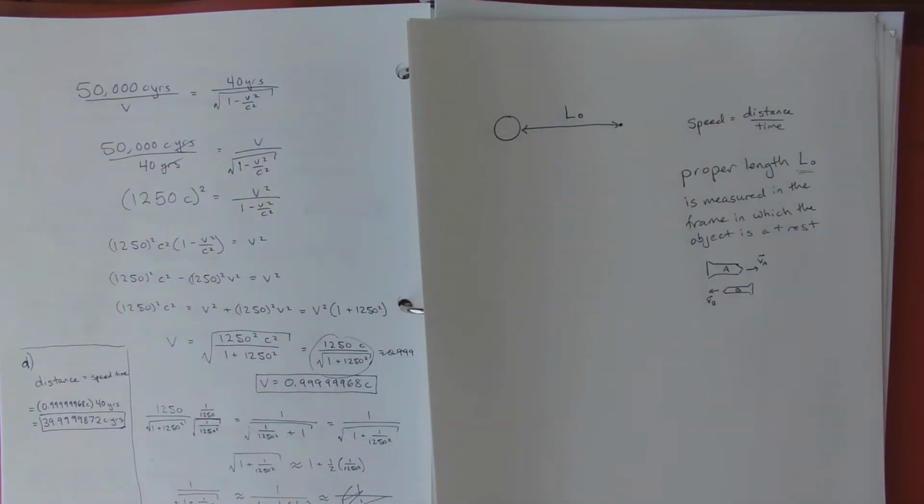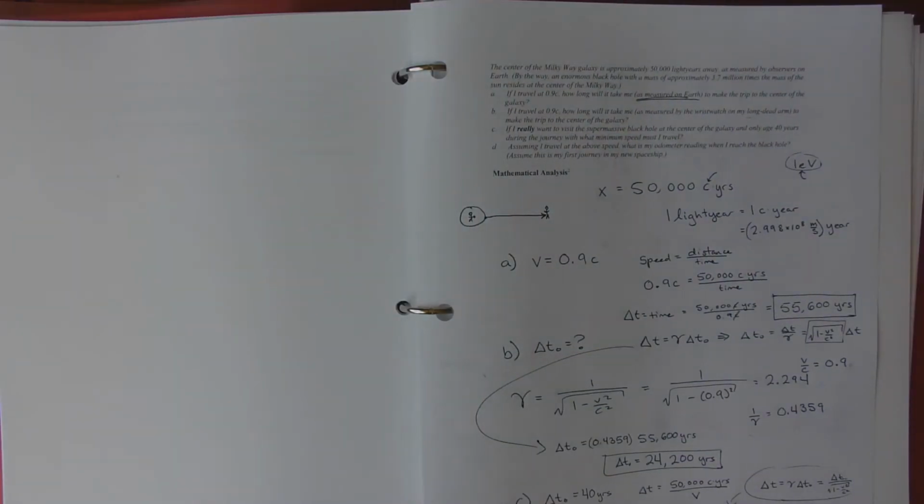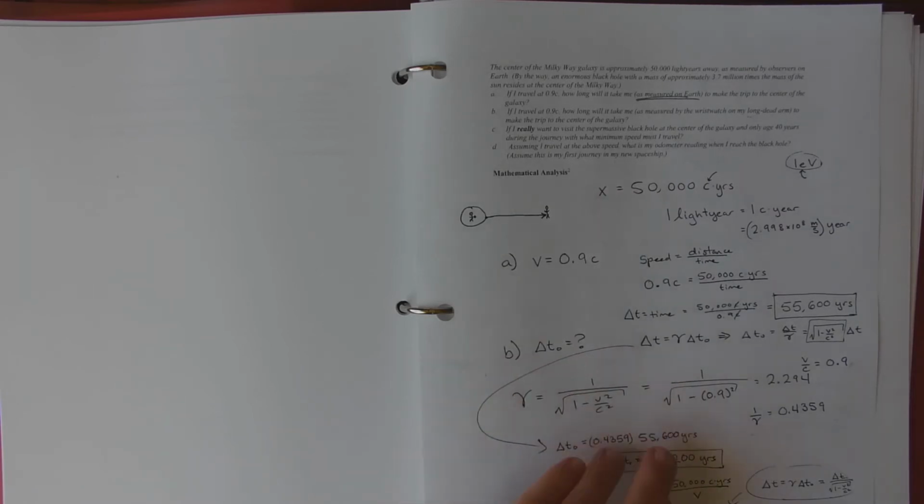So we have our proper length here. However, think back to problem 30, whose reference frame was the proper time measured in? The proper time is measured in a reference frame in which the two different events happen in the same place, which was the reference frame of the person who is traveling.